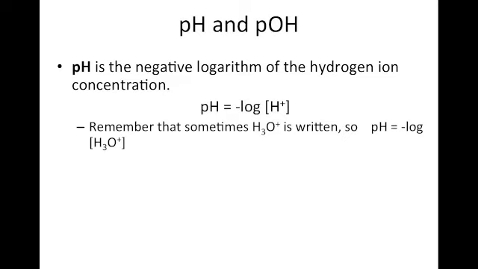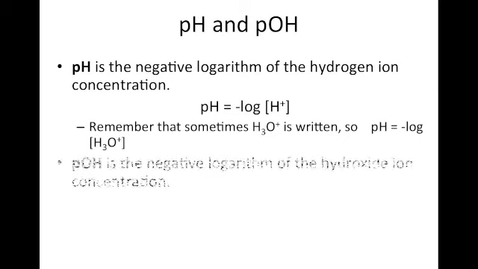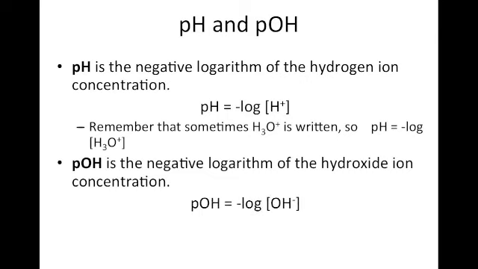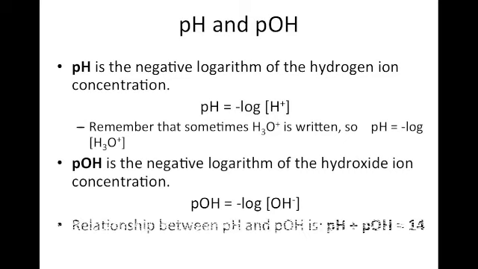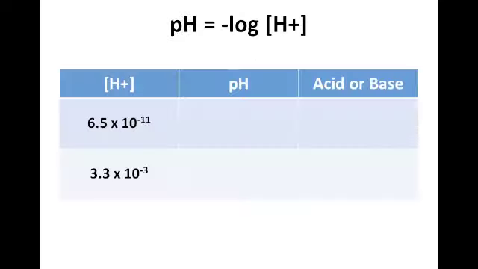So it could also be written as pH equals negative log of the concentration of H3O plus. pOH is the same. We want to know the concentration of the hydroxide ions, and it's again the negative log of the OH minus concentration. The relationship between pH and pOH is pH plus pOH equals 14.